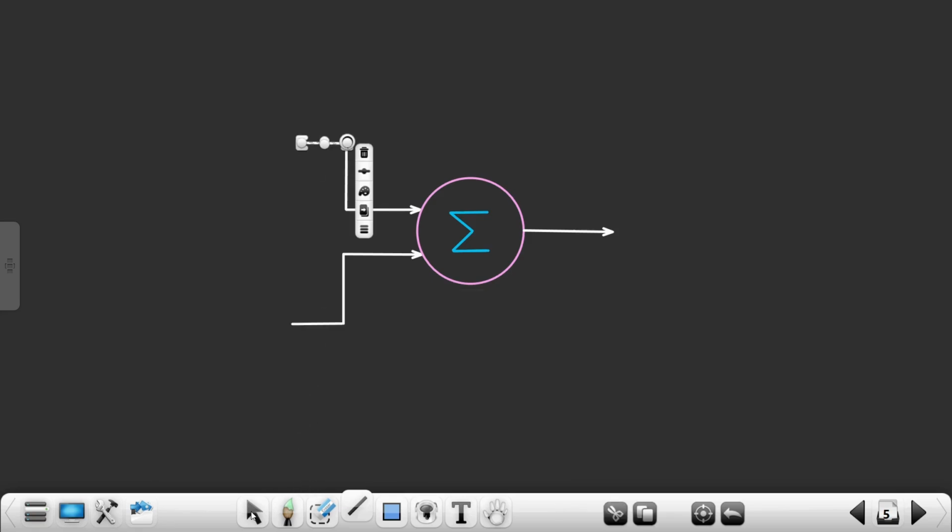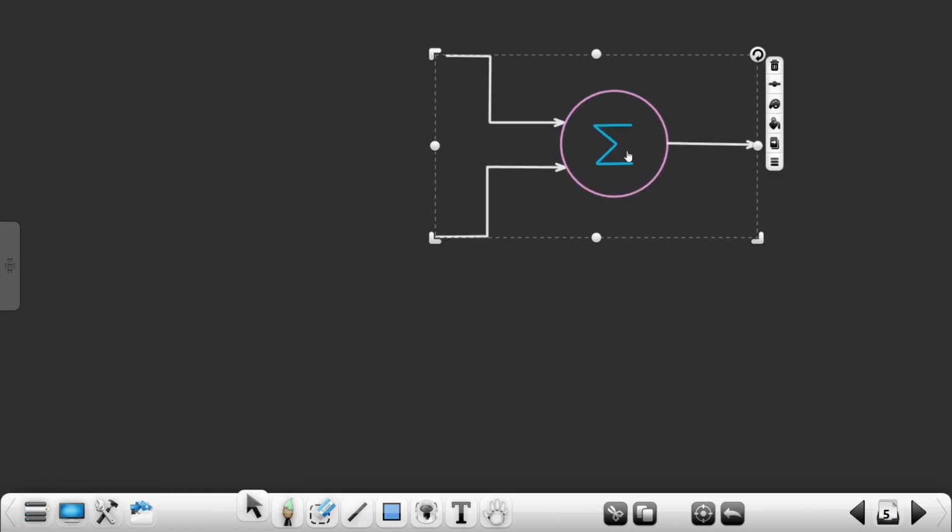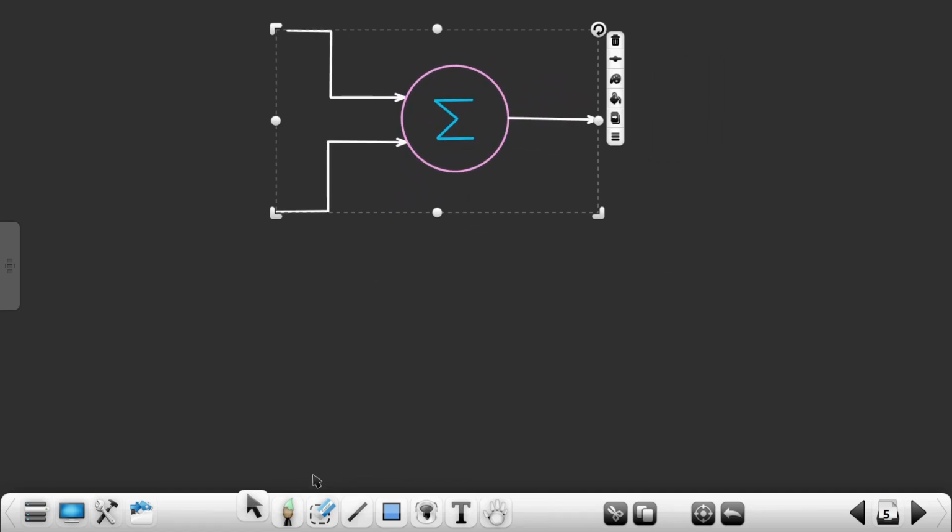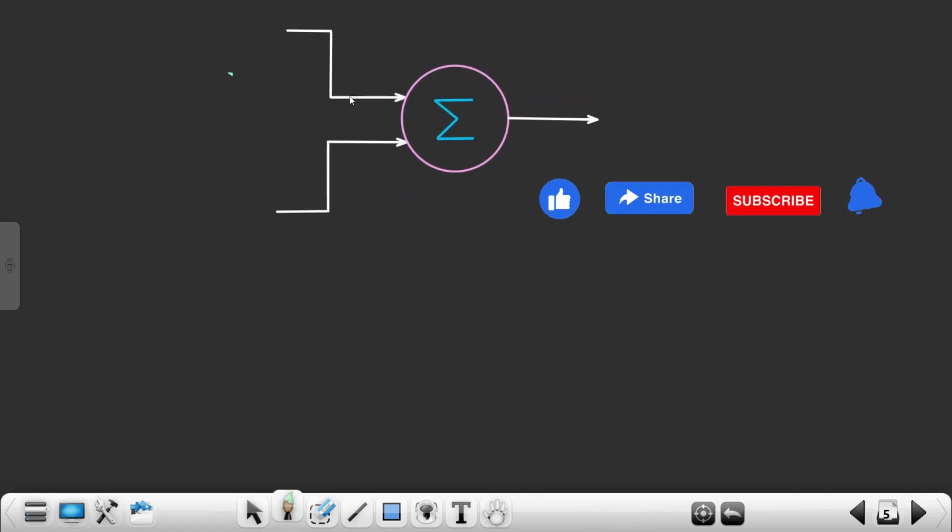Yeah, great. So let me move it somewhere over here, and this is X, right? This is my X, this is my Y, and let's assume the output that we are getting is Z, right? So we need to find out what this Z may be. And as you can clearly look over here, this is my adder, right?